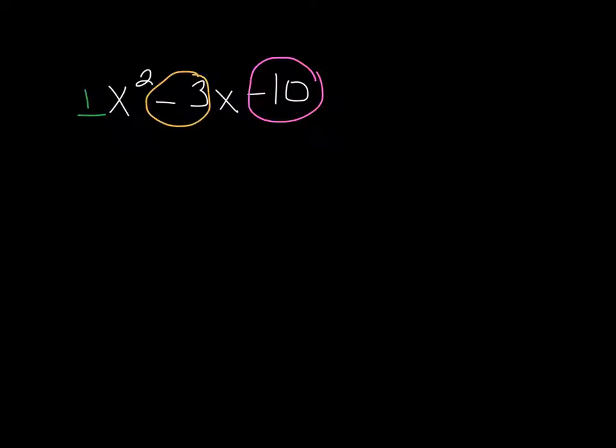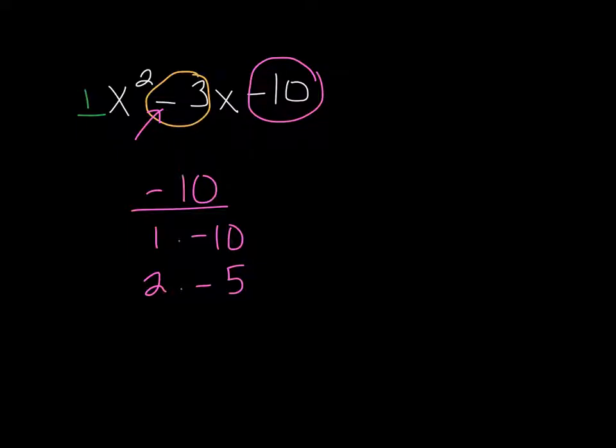And when adding, in order to get a negative, you either have to add two negatives or your larger absolute value needs to be negative. So since this is negative, when we list our pairs, we're going to make all of the larger numbers negative. So 1 times negative 10, or 2 times negative 5.